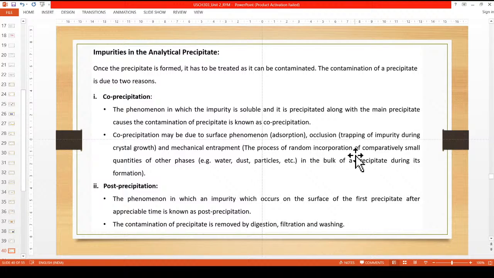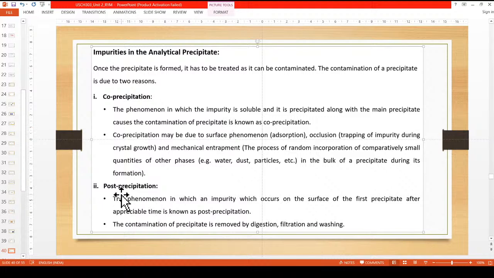Occlusion is the trapping of impurity during crystal growth on the surface of a foreign particle. There can be some surface impurities also. So two types of mechanisms are there, either by occlusion or by adsorption.